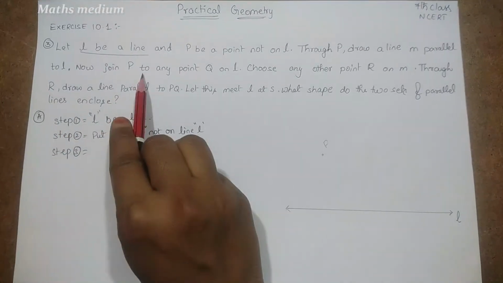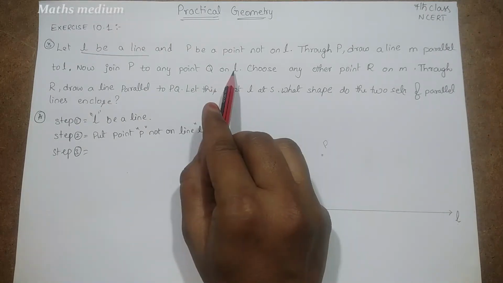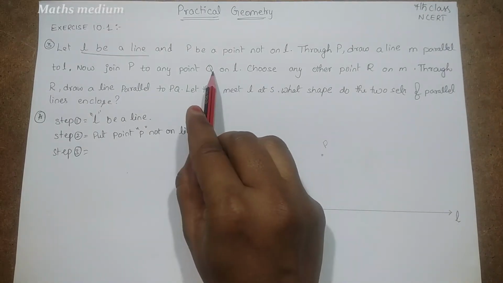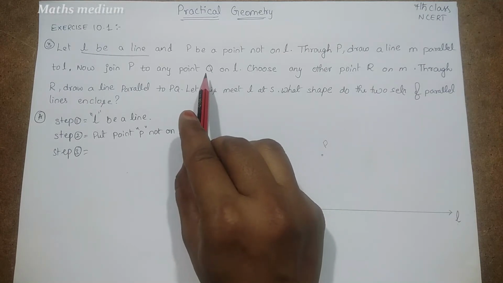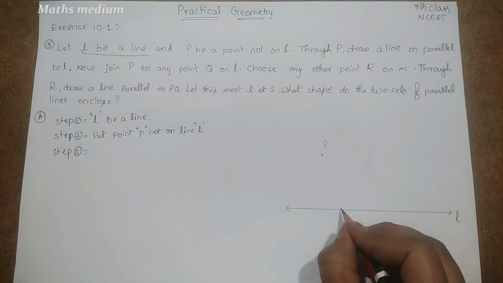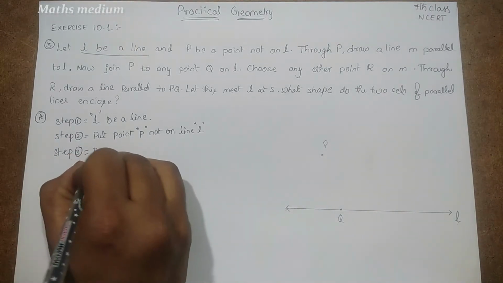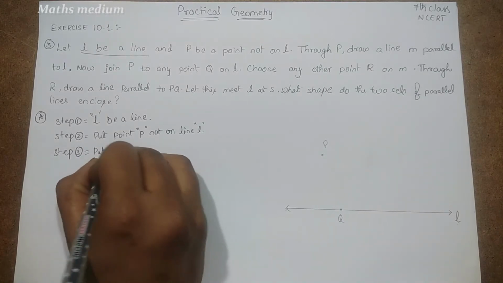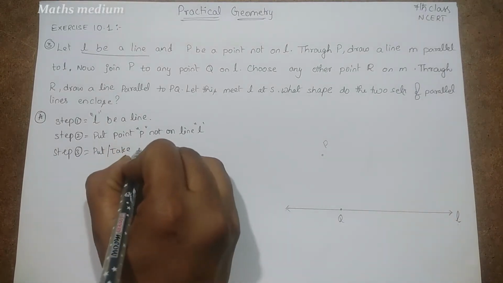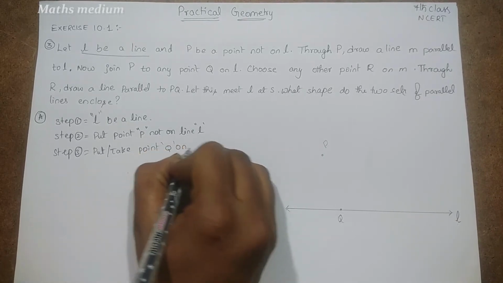Now join P to any point Q on L. On line L we have a point Q. Now I am taking Q at any point, here. This is Q. So step 3 is: take point Q on line L.